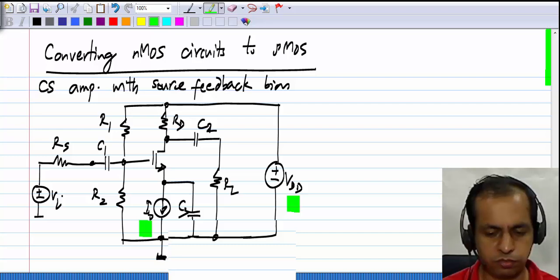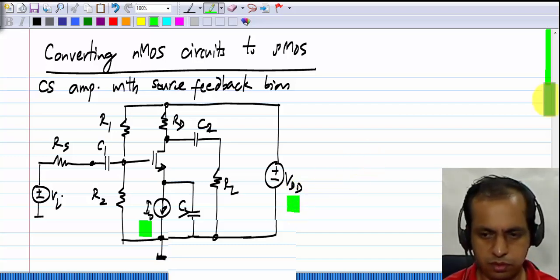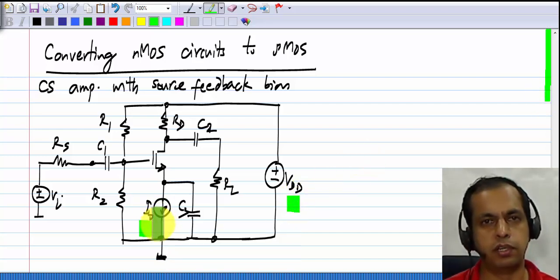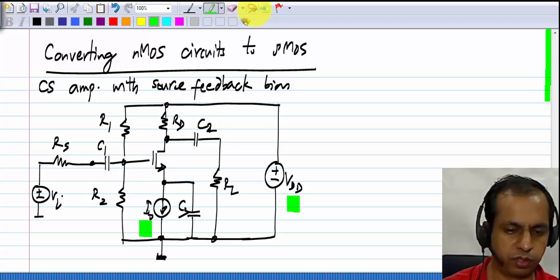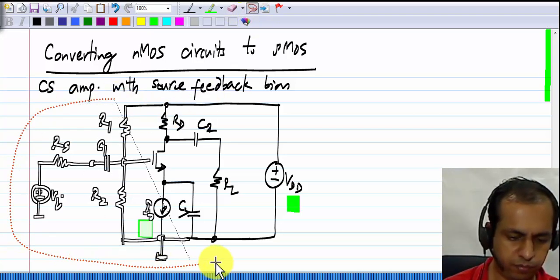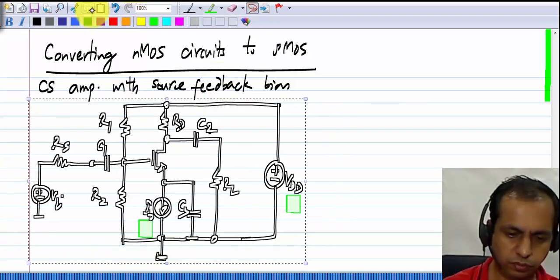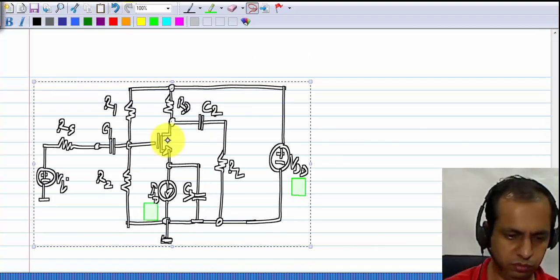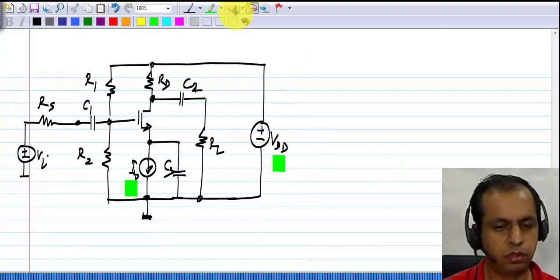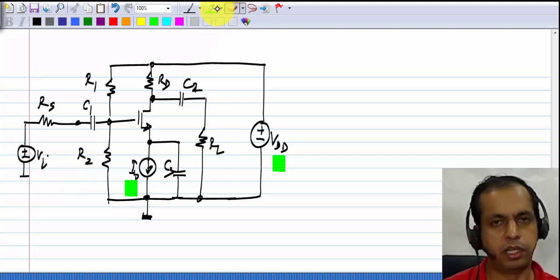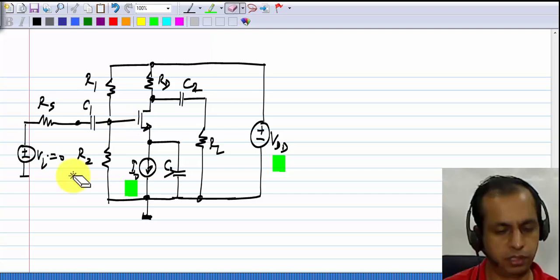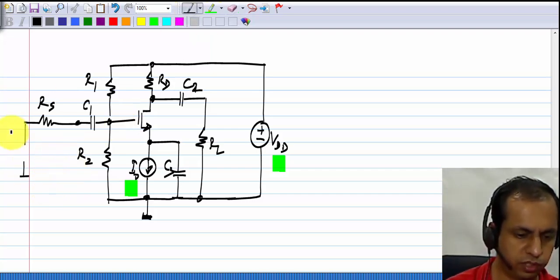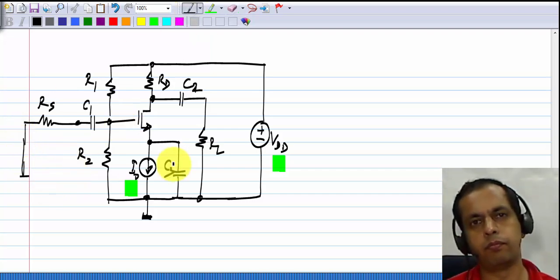So, first let's see how to set up the PMOS transistor with the correct operating point. Because I'm discussing the operating point, I'll set Vi to 0, in other words, this will be a short circuit.